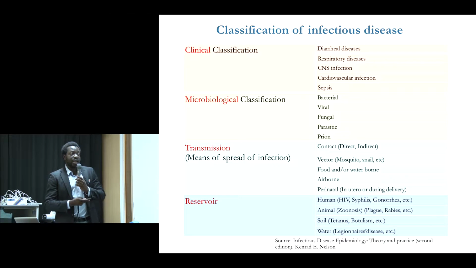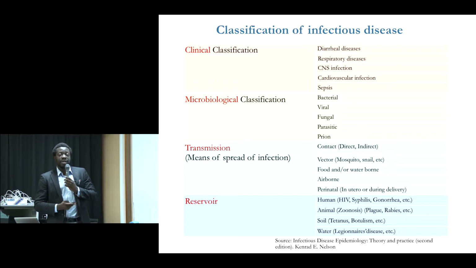Another way to look at it, and this is really important also for mathematical modeling, is to look at how the transmission is done. So it can be looked at in terms of contact. The contact can be direct, person to person, or indirect contact.